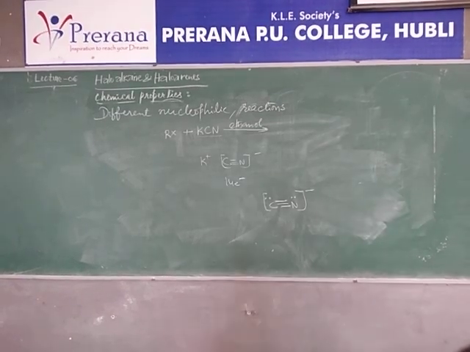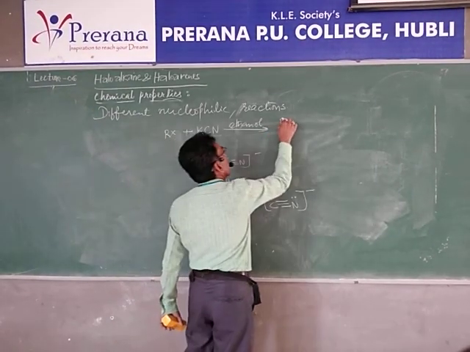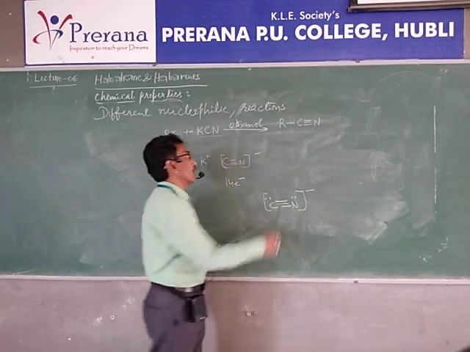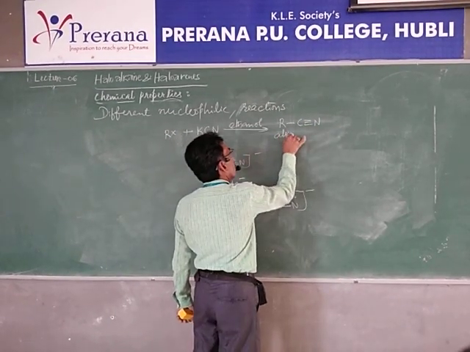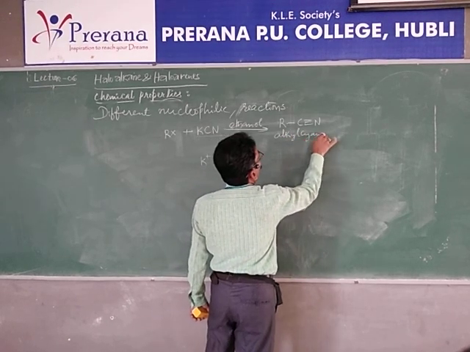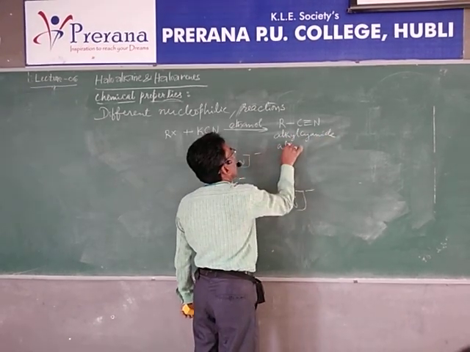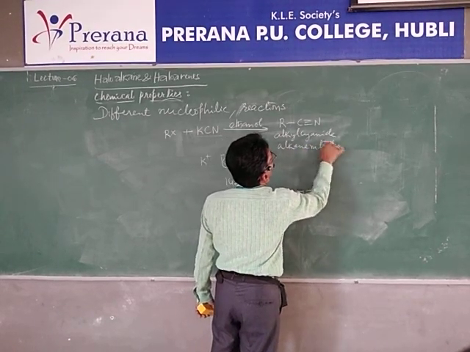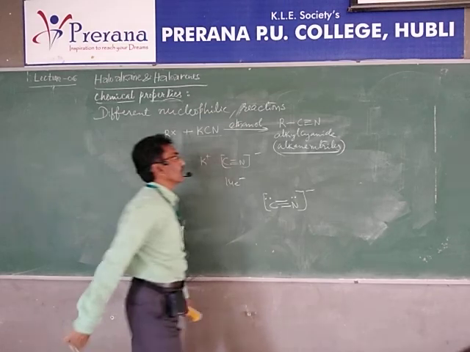What is the major product in this case? The major product is R linked with C triple bond N, nitriles or cyanides. Alkyl cyanide or alkane nitriles. This is the IUPAC name, nitrile.